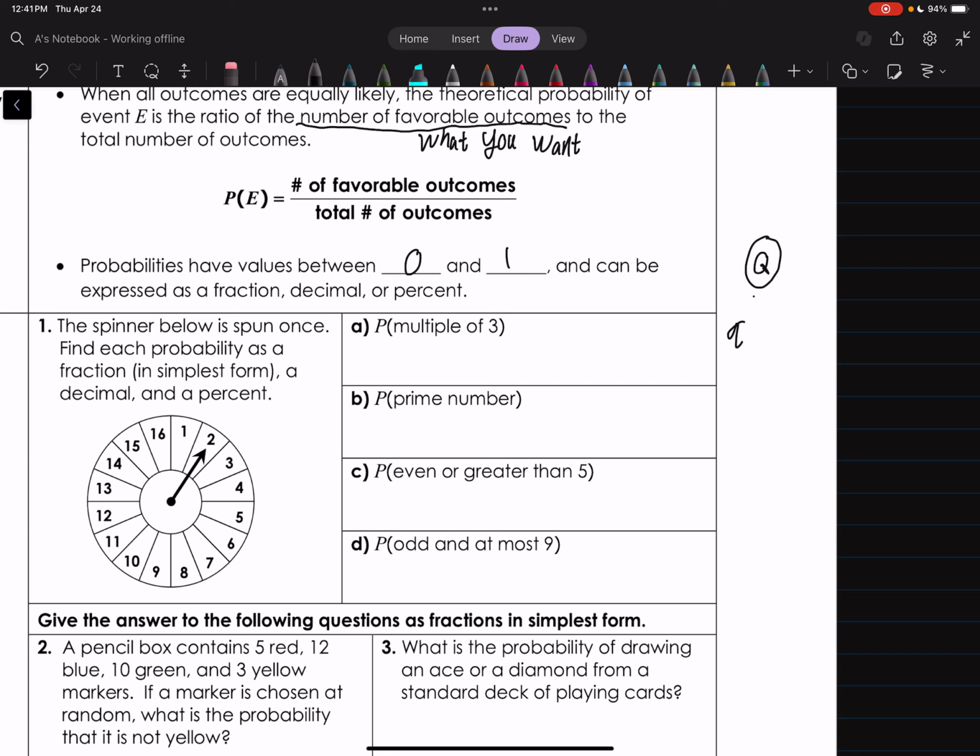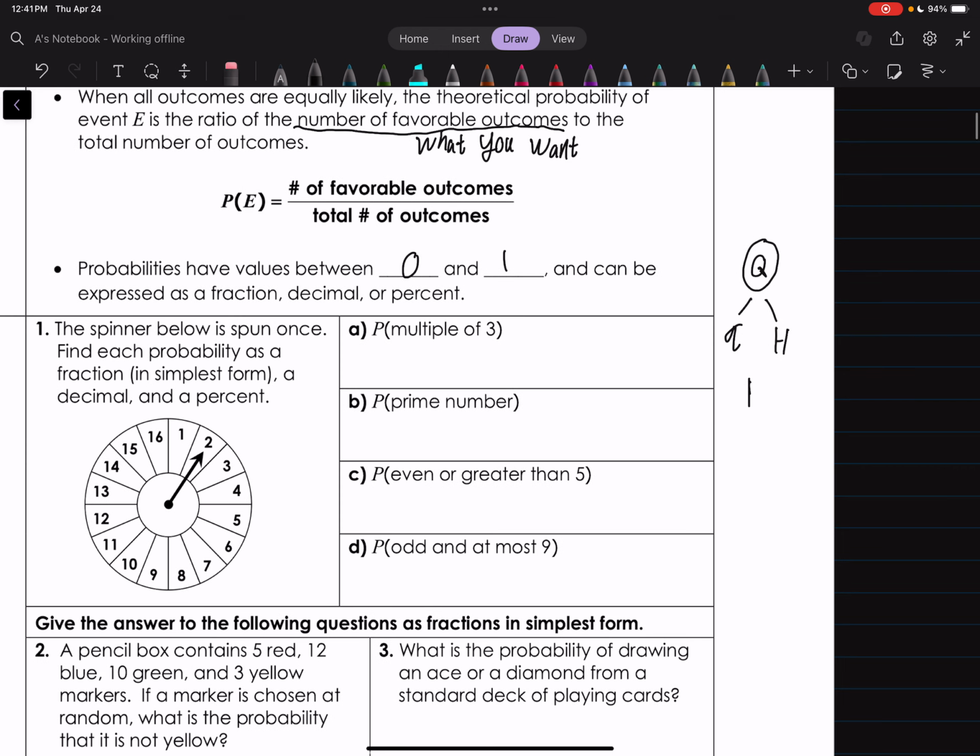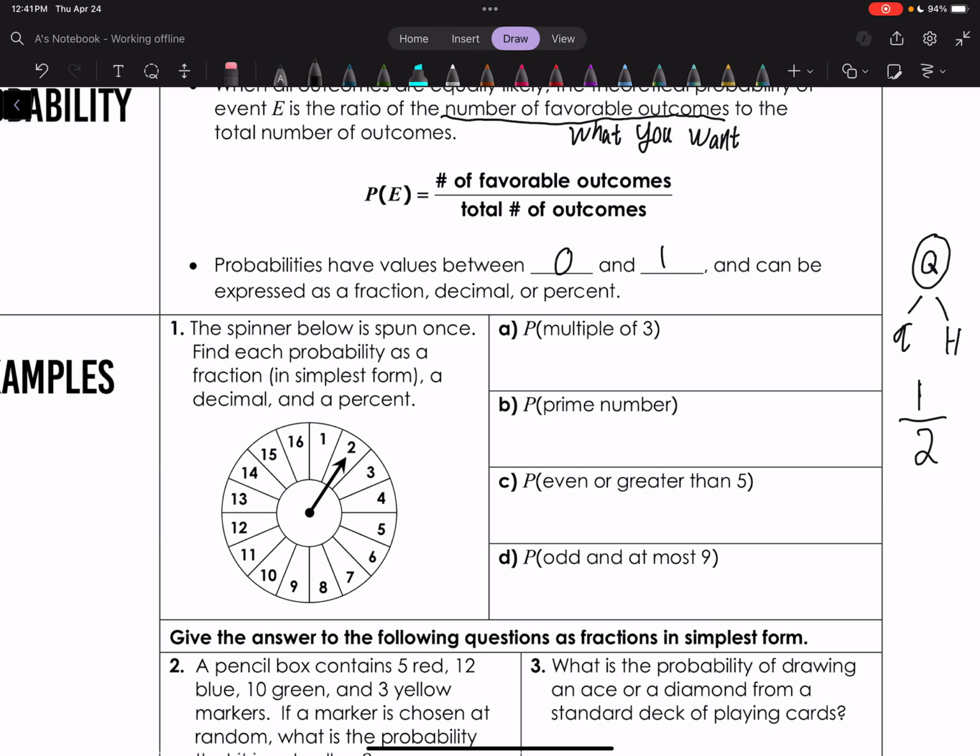There's tails and there's heads. If I flip a quarter, if I choose either one of these, I have one favorable outcome, whichever one I choose, over the two possible outcomes. So the chance is 1/2. That is a very simple illustration just to get you geared to think about how we're going to be looking at problems today. Now let's look at the spinner.